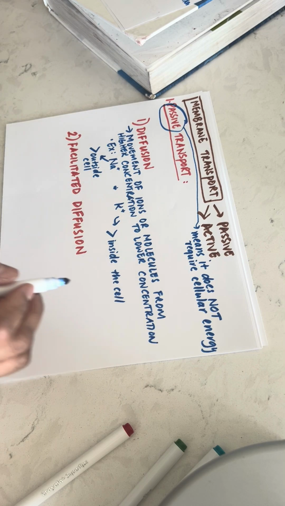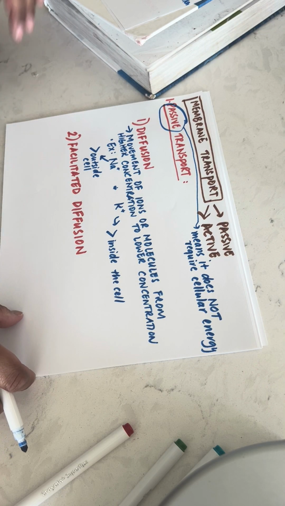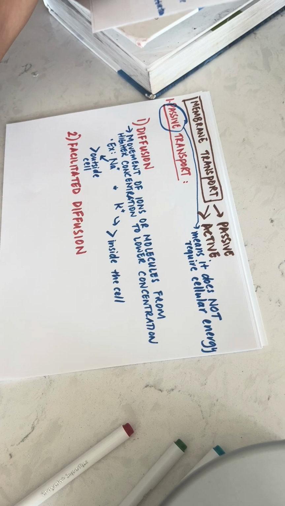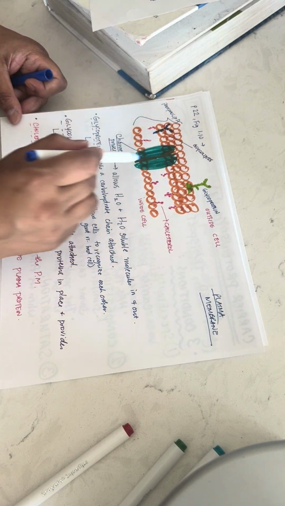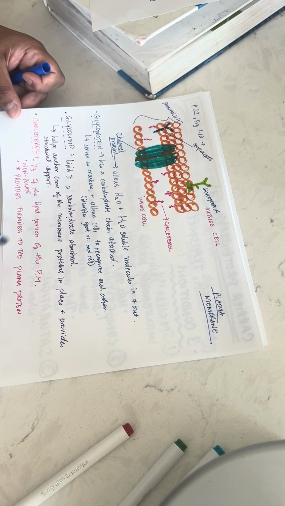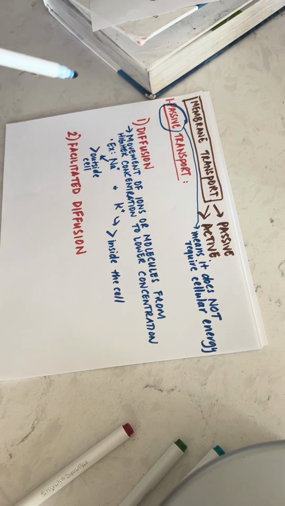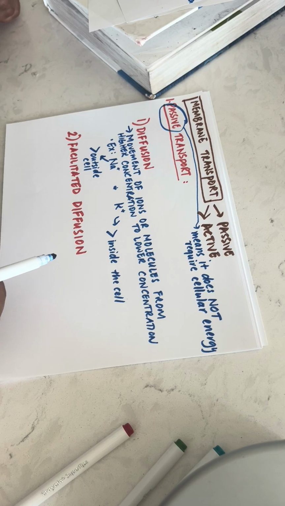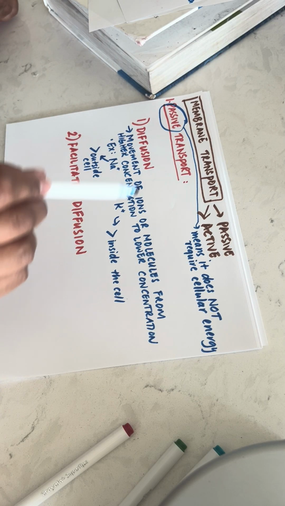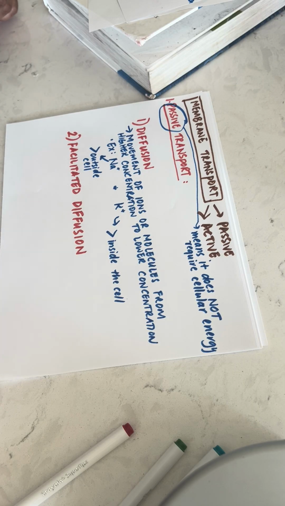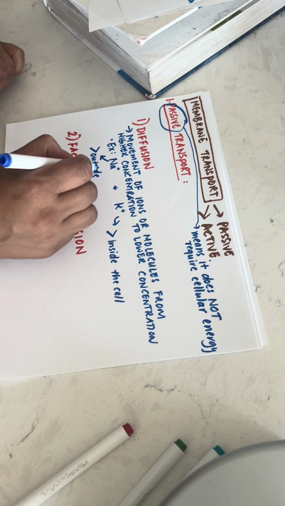Now, remember we talked about channel proteins in that picture. See, this is a channel protein, that big green glob. See that tunnel that goes through it? That's a channel protein. Now, what happens here? The sodium and potassium exchange, and they diffuse in and out based on the charge of the channel protein, okay?